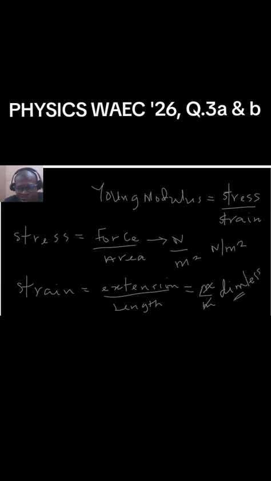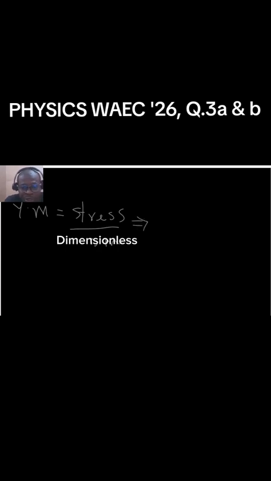So it has no dimension. So we can then conclude that Young modulus is going to have the unit of just stress, because the unit of strain is dimensionless. So therefore we say the SI unit of Young modulus will be exactly that of stress, which is Newton per meter squared.